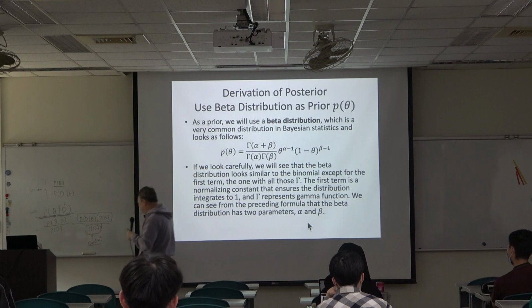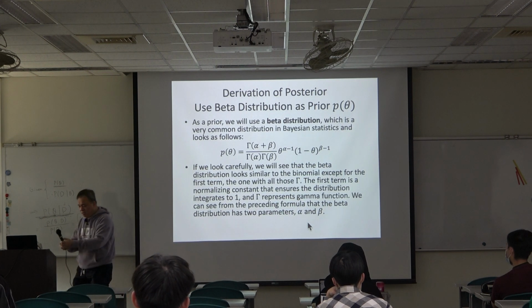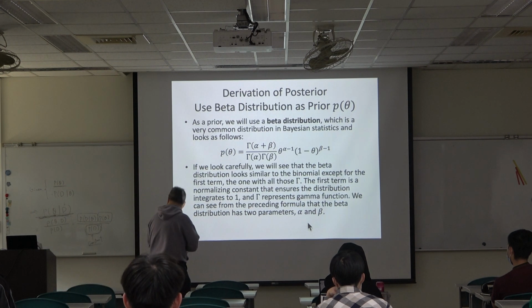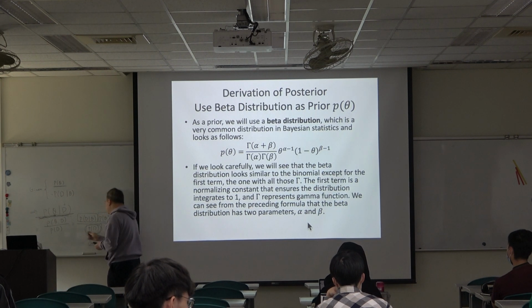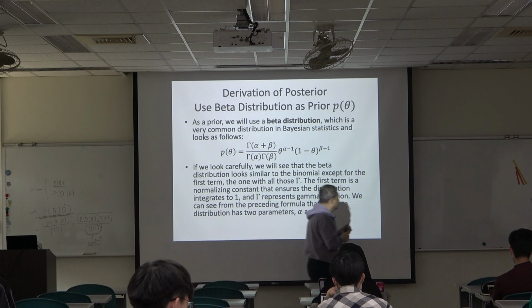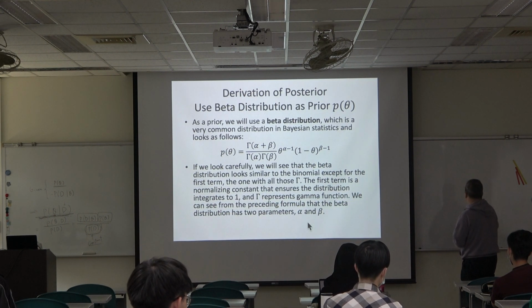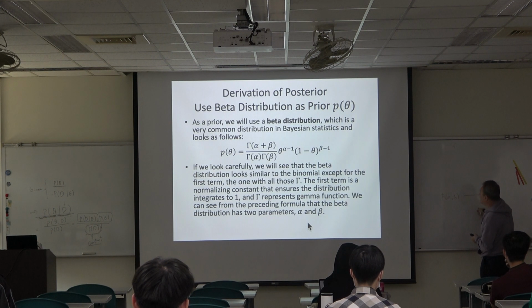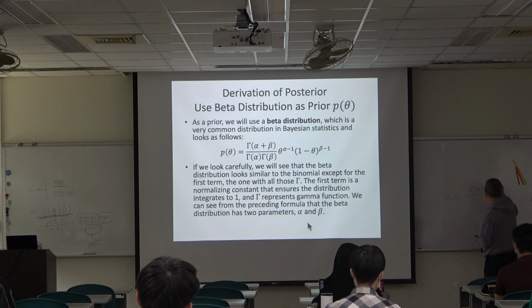Let me take it back. B(a, b) should be gamma a times gamma b over gamma of a plus b.